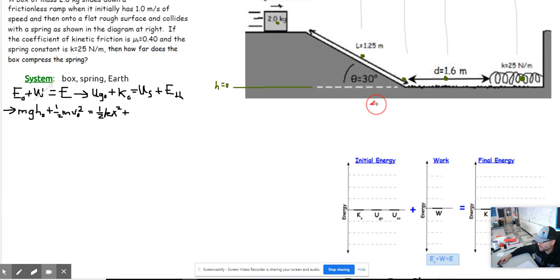So thermal energy is basically the work done by friction. That's how I describe it. So force times distance kind of thing. And we know that friction is equal to mu times n.